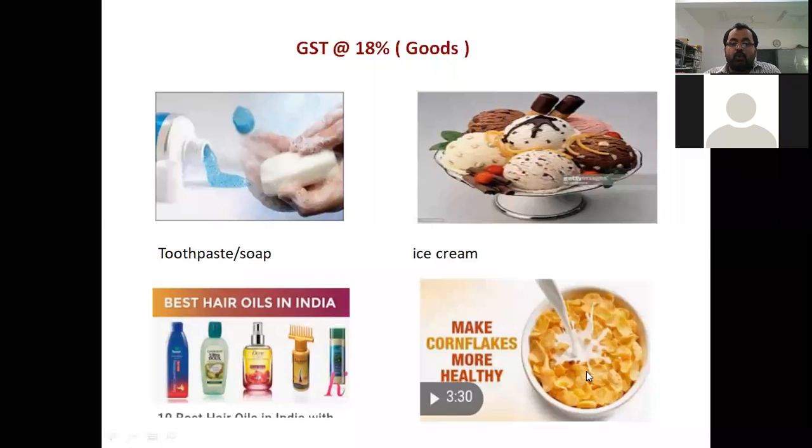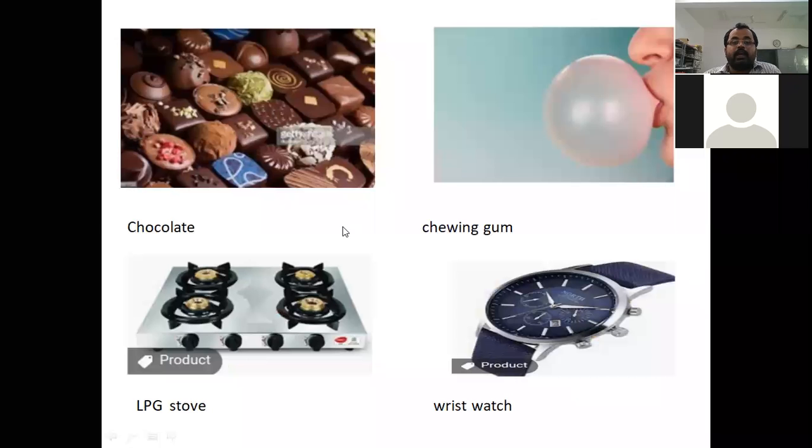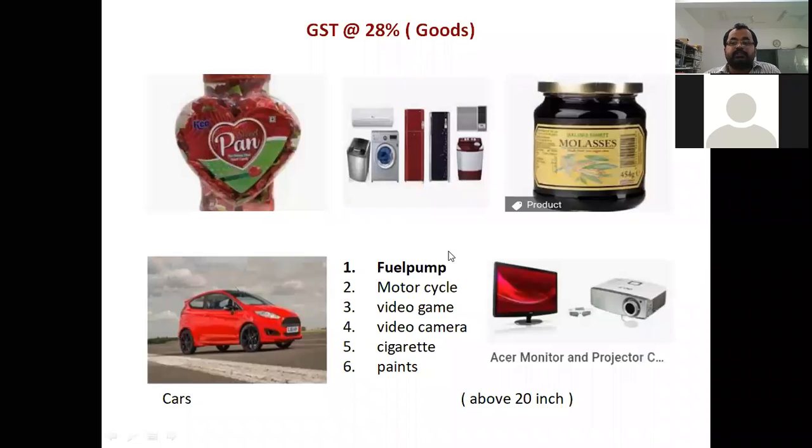Charcoal and iron content related food items also come under the 18% GST rate. And some chocolates, chewing gum, LPG stove, watches come under the 18% GST rate.